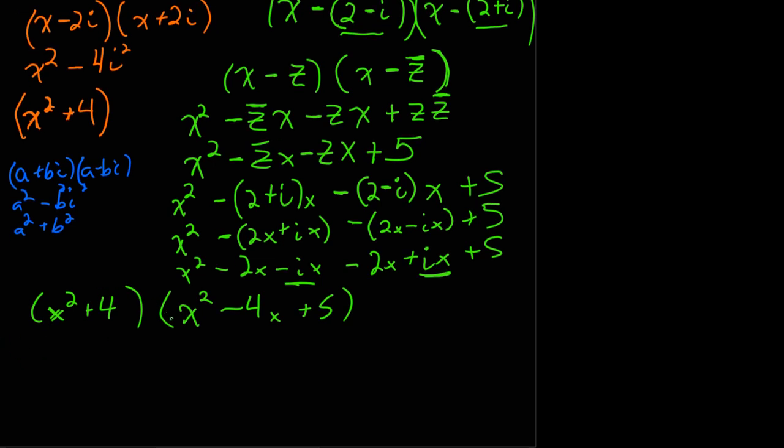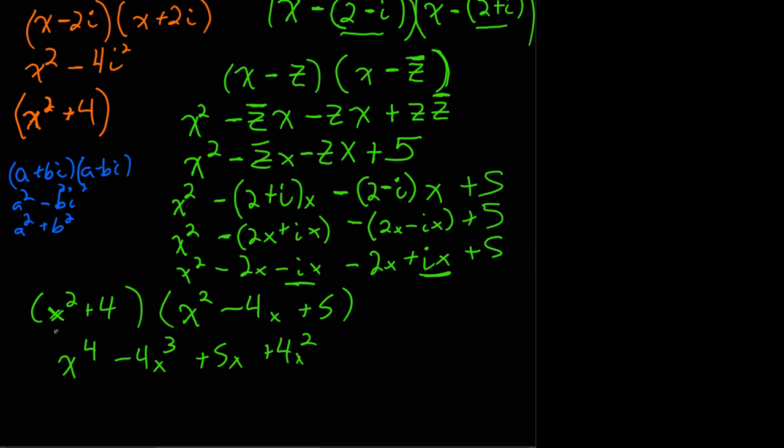So I'll multiply x squared through each term here. So I get x to the 4th minus 4x cubed plus 5x squared. I'll multiply a positive 4 through, so I get plus 4x squared. What am I looking at here? Looking for a sign error on this.